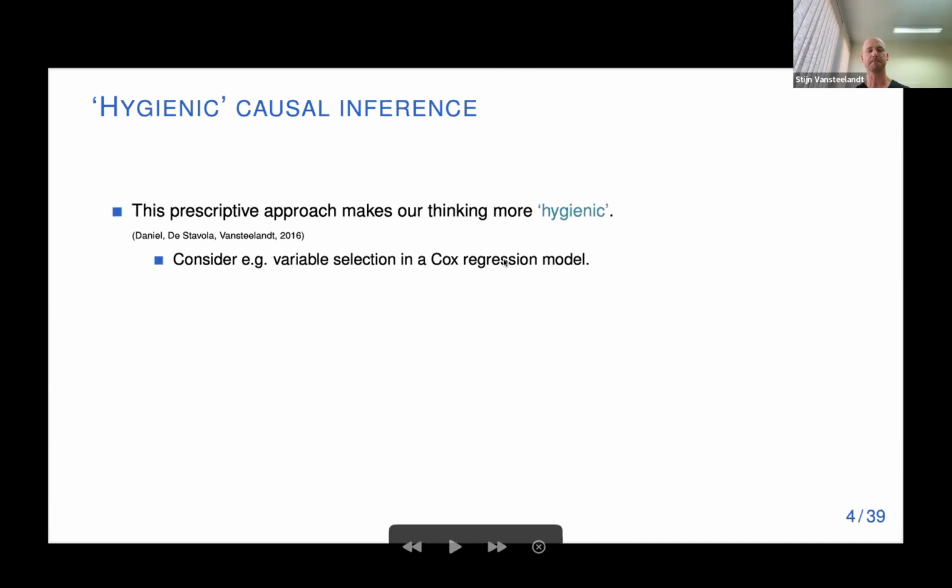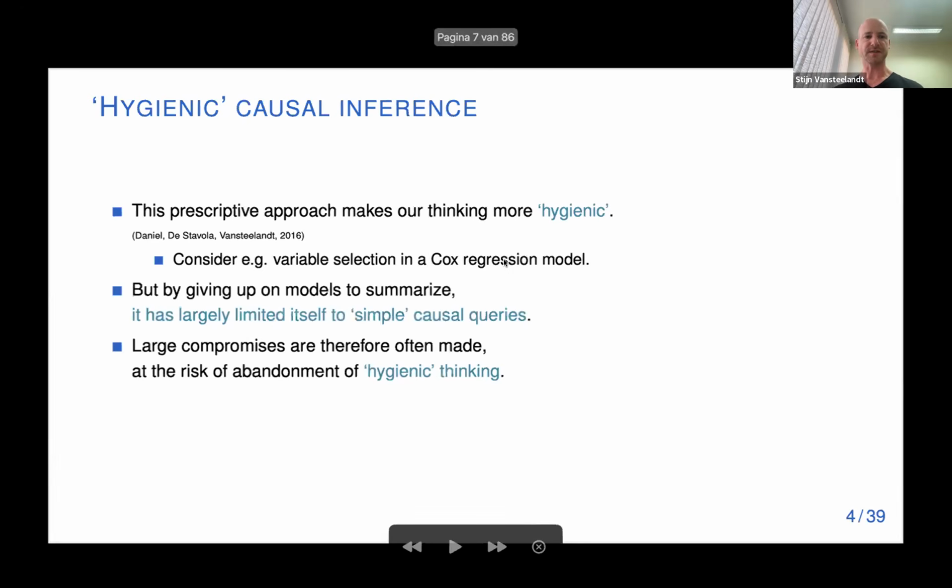And that we can resolve by targeting a pre-specified estimand and working under pre-specified assumptions. That's basically why the focus on estimands gives us a way of resolving the problems with the more traditional modeling tradition.